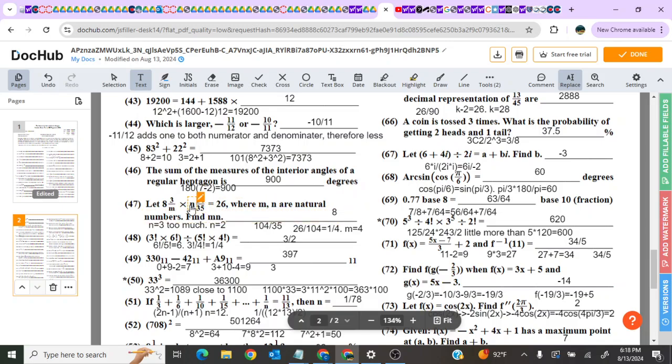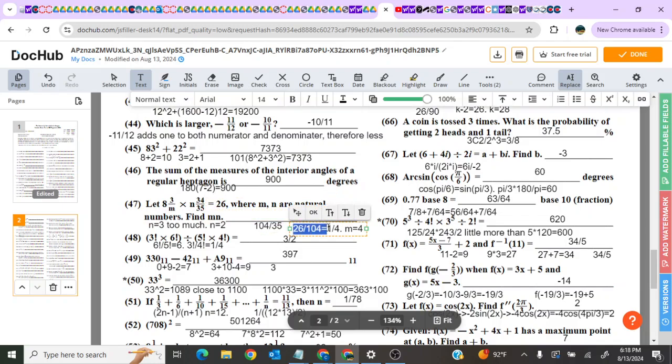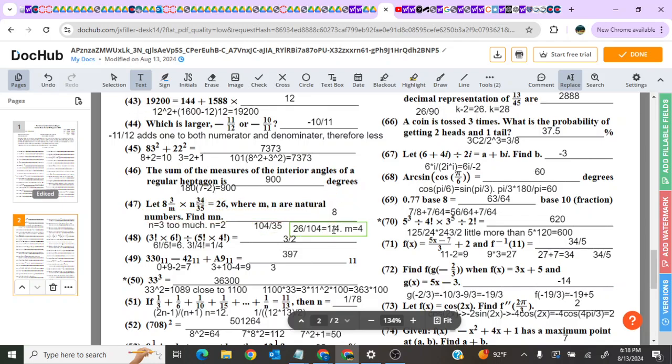So then once you have that, convert to an improper fraction, 2 times 35 plus 34, 104 over 35. 26 divided by that, you only really care about the denominator. 26 divided by 104 simplifies to 1 over 4. So that's going to be your value right here. And I believe that should work. I'll make 100% sure because the key isn't here, but yes, that is indeed the answer.